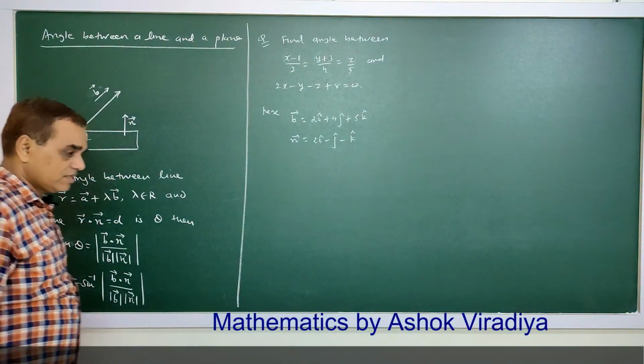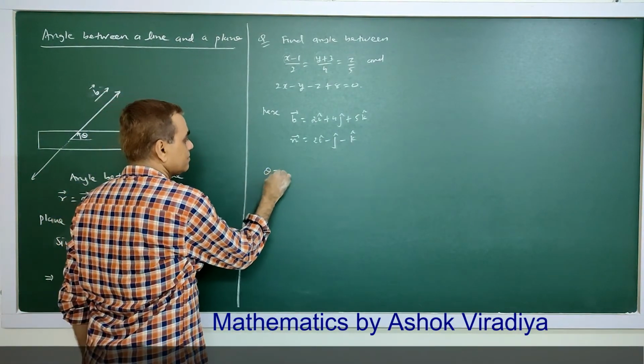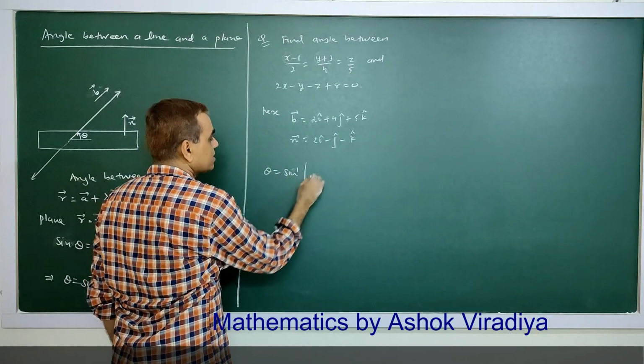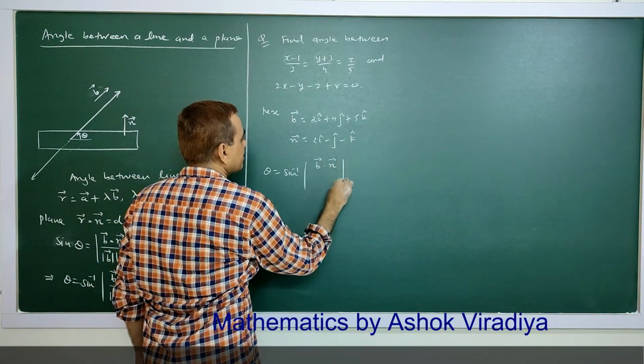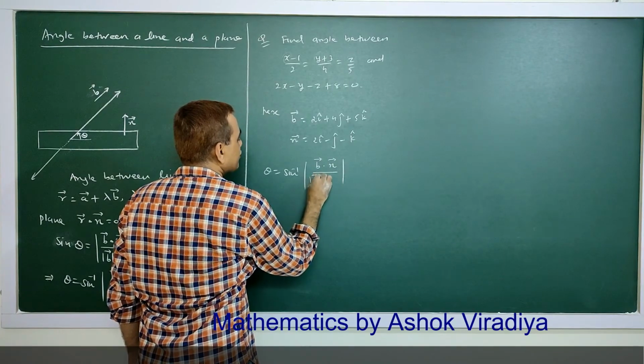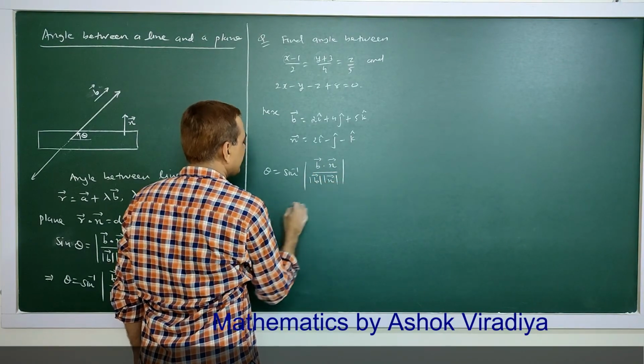Now formula, theta is sine inverse vector B dot vector n upon magnitude of B, magnitude of n.